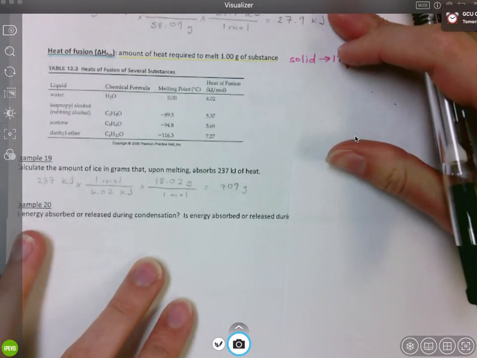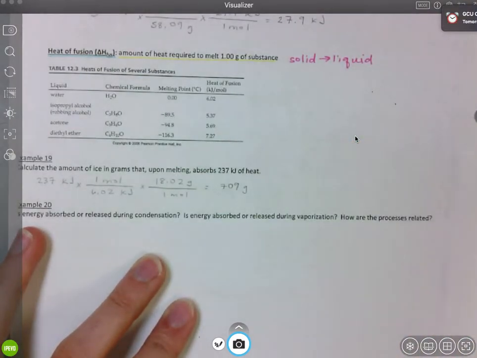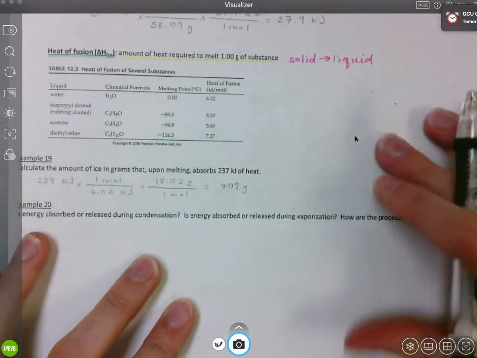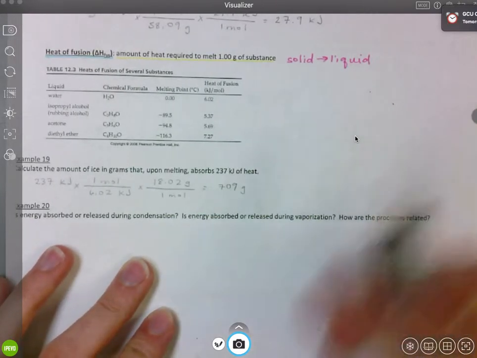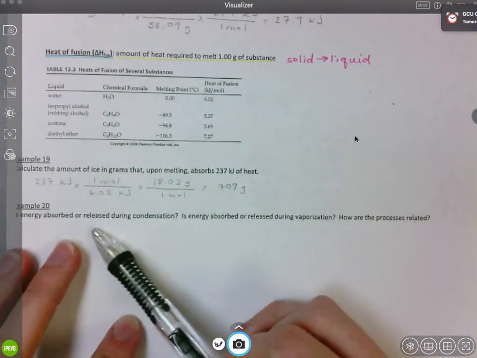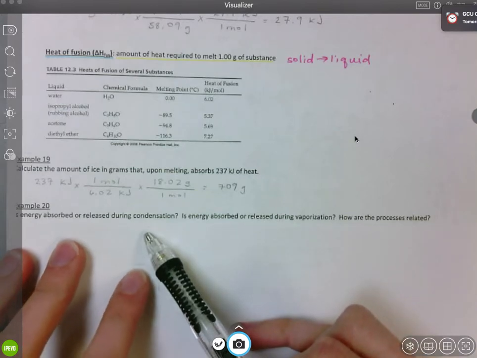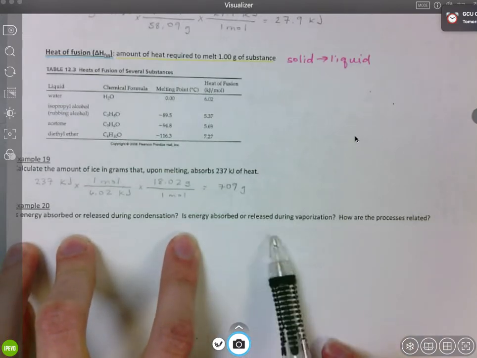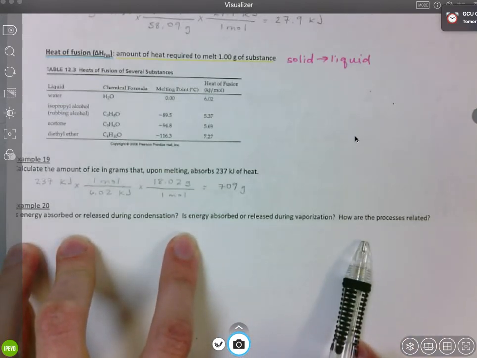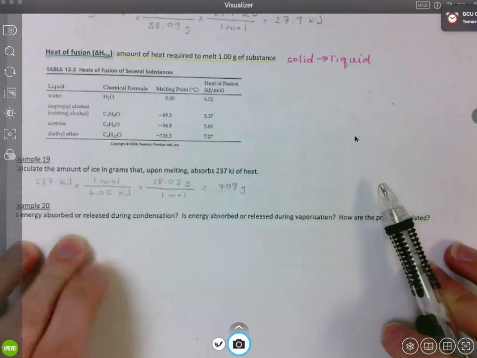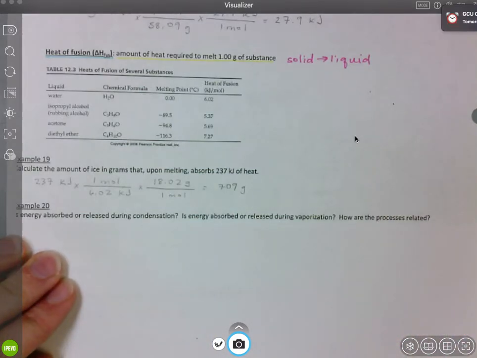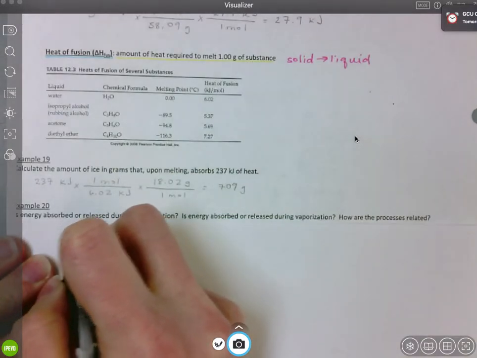Okay, example number 20. This one is not a math problem. Is energy absorbed or released during condensation? Is energy absorbed or released during vaporization? And how are these processes related? Okay, so let's look at it this way.